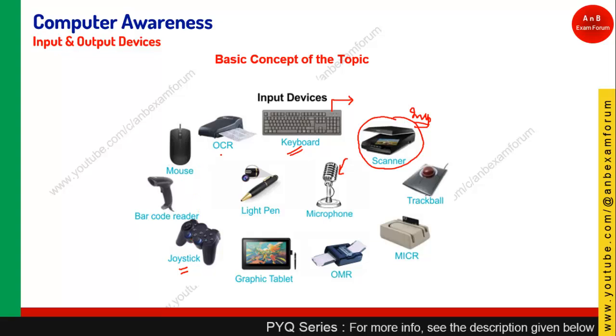Similarly there are OCR, that is optical character recognition, OMR, that is optical mark recognition, MICR, magnetic ink character reader, and barcode reader. All these are examples of input devices. So just remember the names. We have a lot of questions on this particular session, and you will try to get benefited from this session.